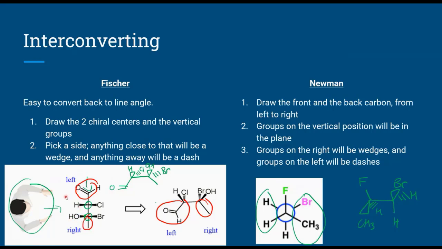So because they're facing me, that's going to be what? A wedge, like here. Exactly. And so because Cl and Br are facing away from you, that's going to be the dash. Yes, the answer would sort of switch if you're looking at it from the right side.